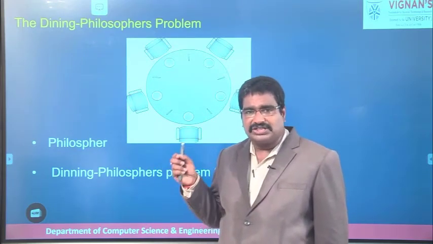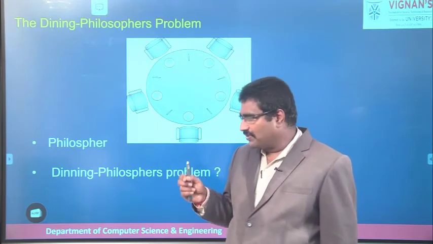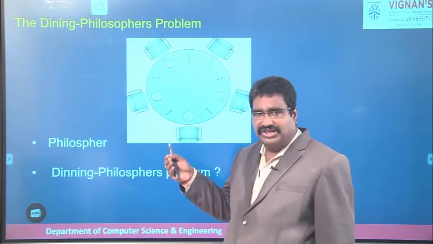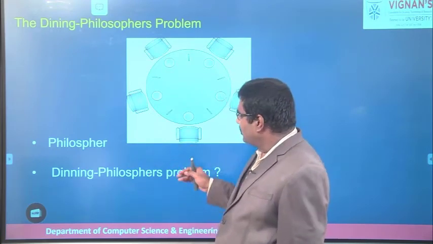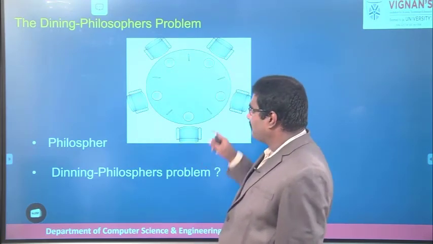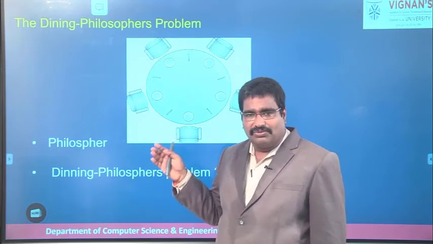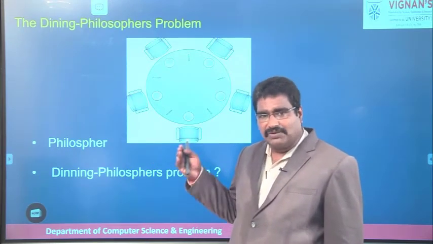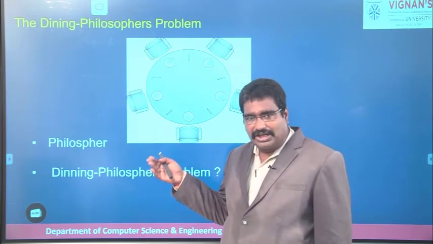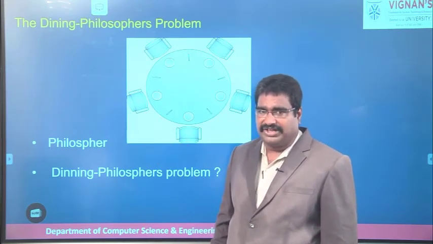If both chopsticks are available, only then does the philosopher eat; otherwise he needs to wait until the chopsticks are available. So the problem is, if all the philosophers want to eat, there are only 5 chopsticks in total, and it is not possible for all 5 philosophers to eat at a time.